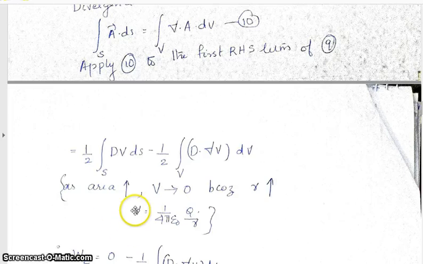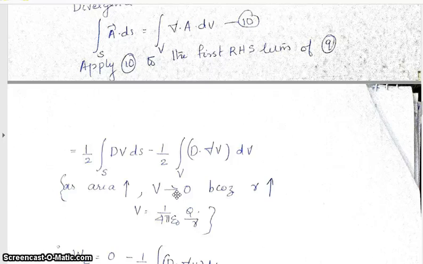Now you know the expression for potential V is equal to 1 by 4 pi epsilon 0 Q by R. So as R increases, as distance increases, V also tends to 0. If the radius of a region is increasing, what do you understand about its surface area?